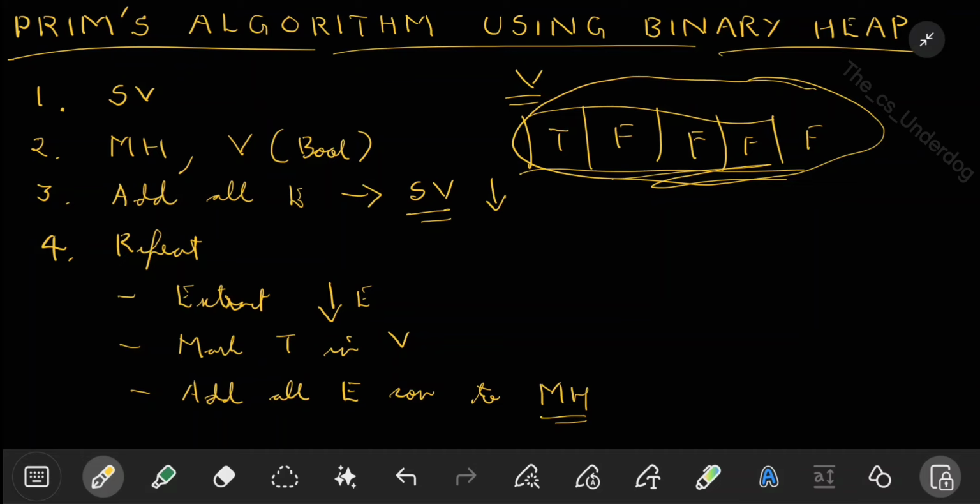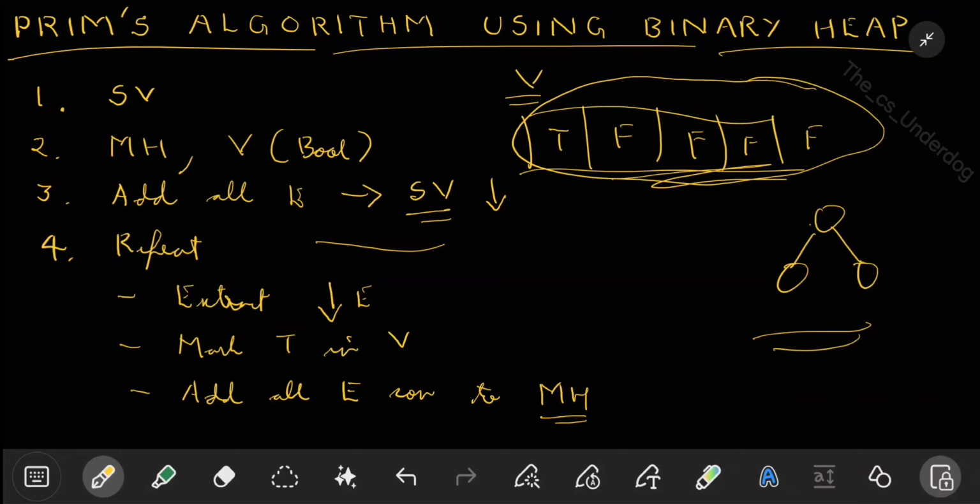In this visited array, all the values will be false, and for whichever is the starting vertex, that particular index will be true, which means only the starting vertex is part of the MST when you are starting with the algorithm. Then all the edges which are directly connected to the starting vertex will be added to your min heap. So you have a min heap structure in which you will be adding all the edges which are directly connected to your starting vertex.